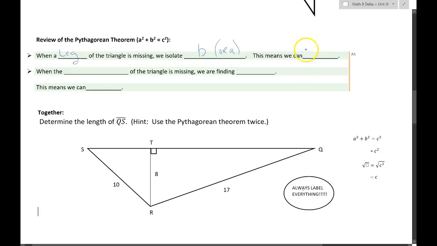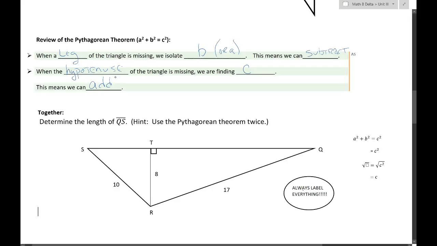This means we can actually subtract. You'll see that in a moment. We can subtract this. Now, when the hypotenuse of the triangle is missing, we are finding c. This means we can add.